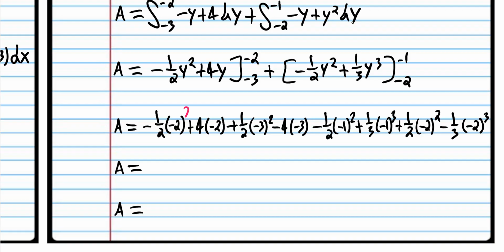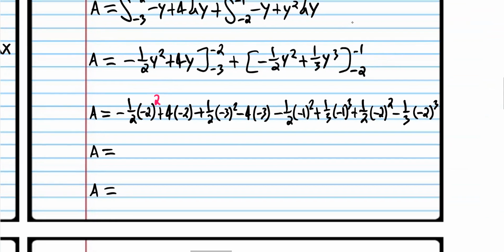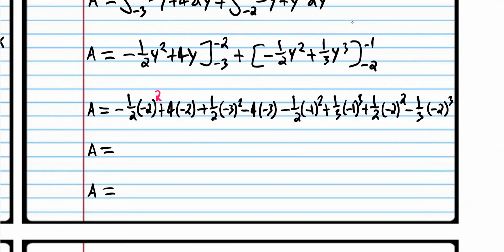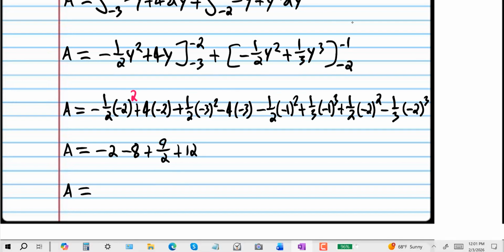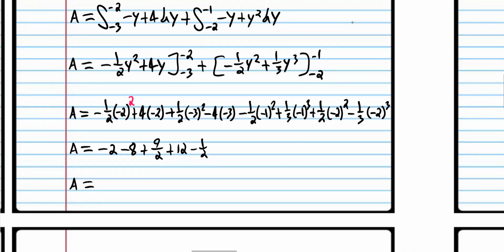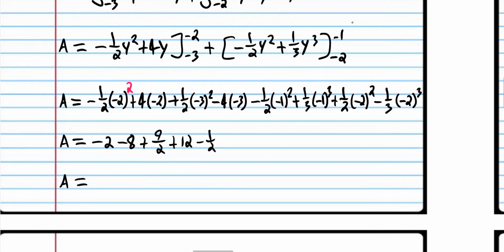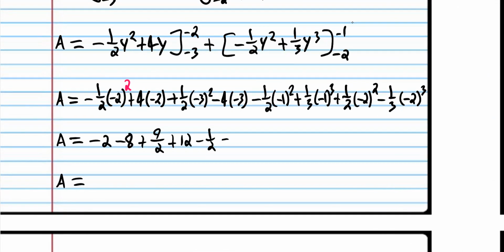And looks like I forgot to put a 2 there on the exponent. So sorry about that. So we get negative 2 minus 8 plus 9/2 plus 12 minus 1/2 minus 1/3 plus 2 plus 8/3, it looks like.